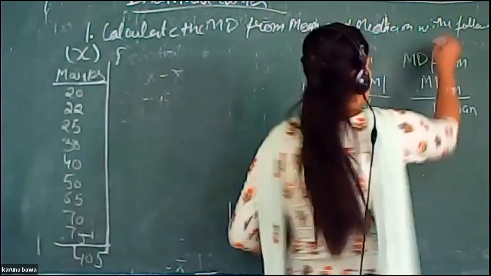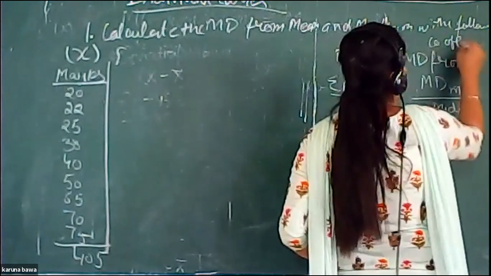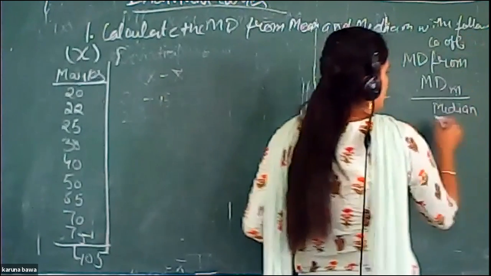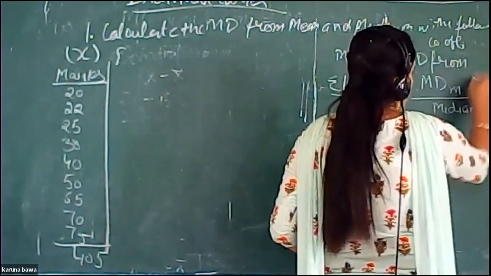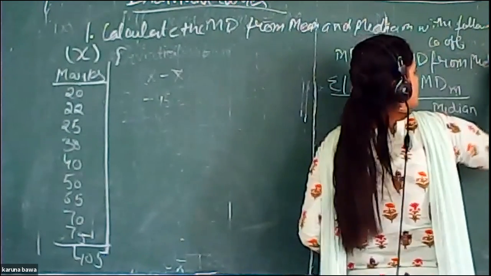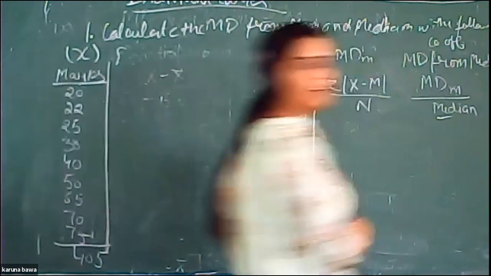This is the formula of the coefficient: mean deviation from median divided by the median value.